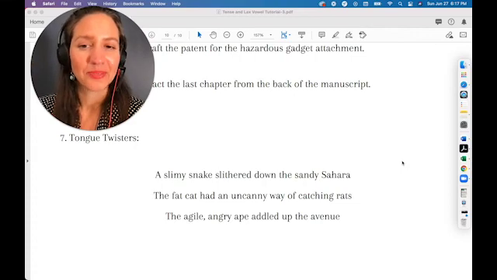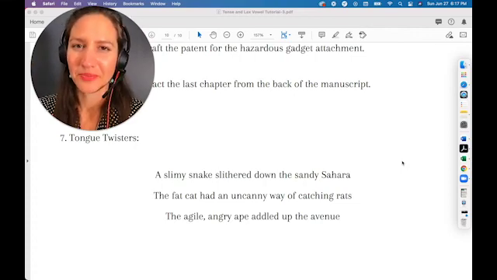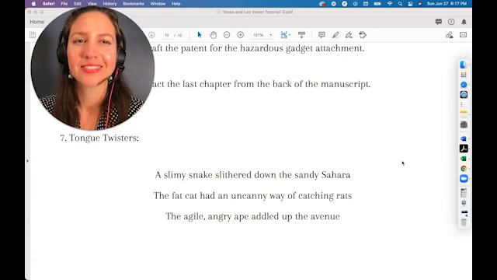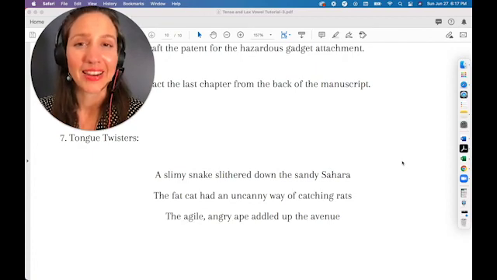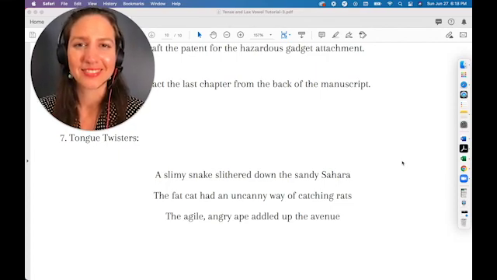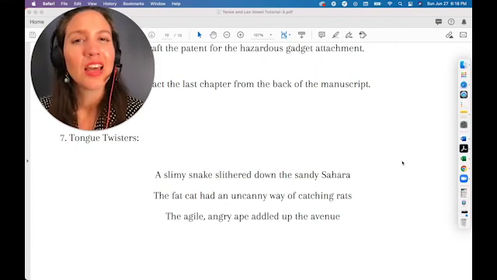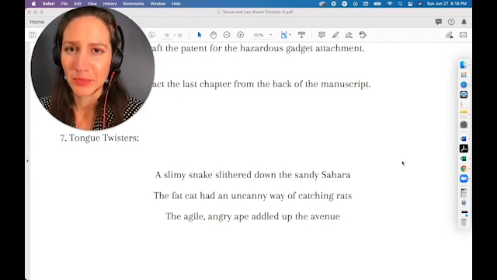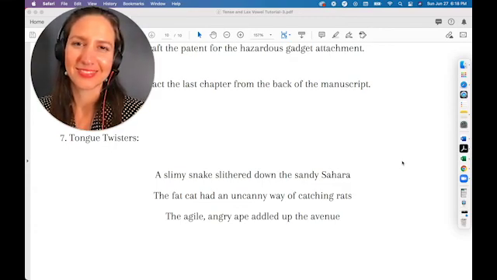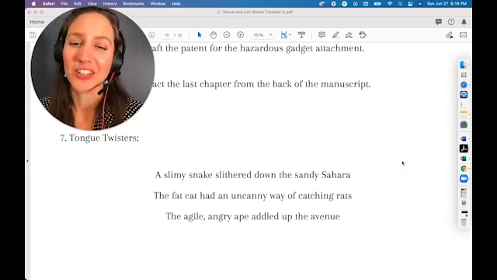The fat cat had an uncanny way of catching rats. The agile, angry ape addled up the avenue.